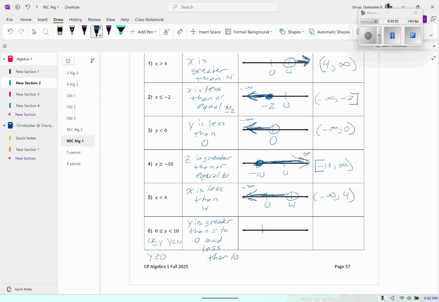So you have 0 here, you have 10 here. It's going to be a solid dot on the 0 because you have the equal sign. You're going to have an open dot at the 10 because you don't have the equal sign with it. You're going to shade in between. And for this one, it's going to be hard bracket from 0 to soft bracket 10.